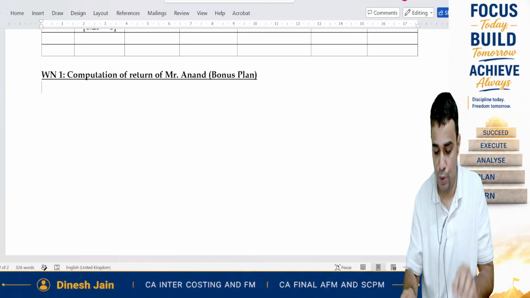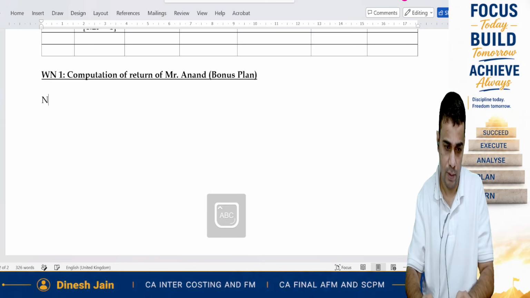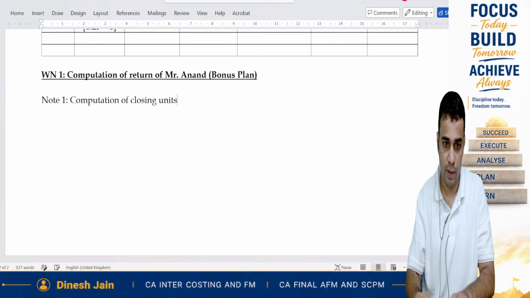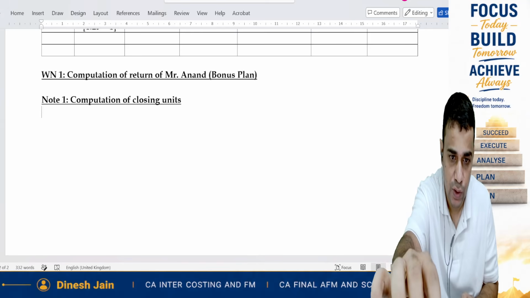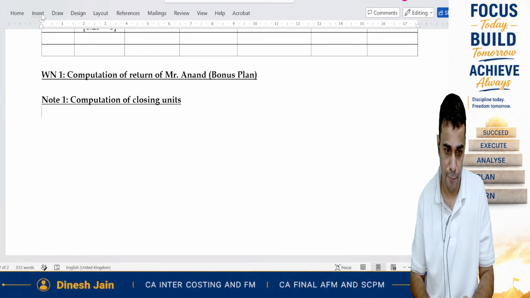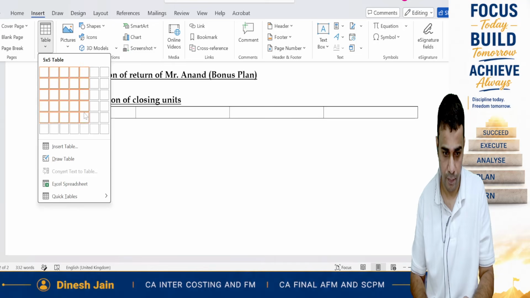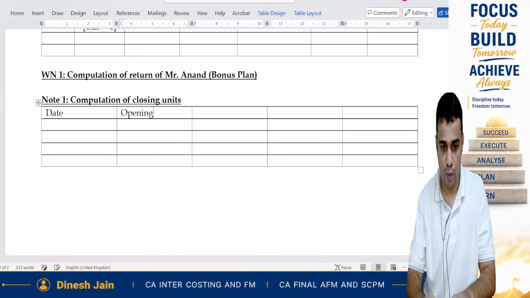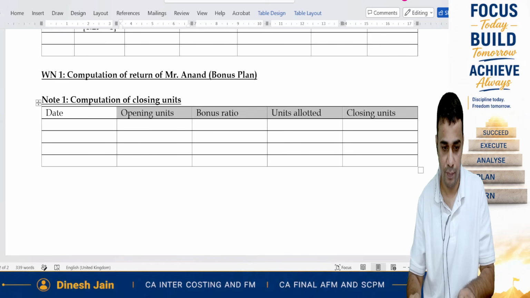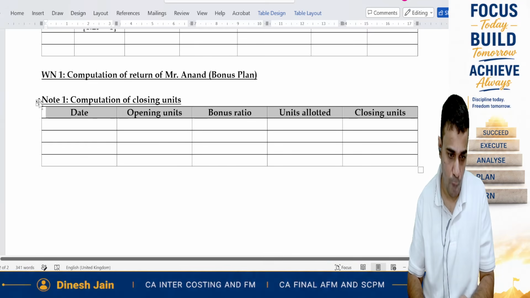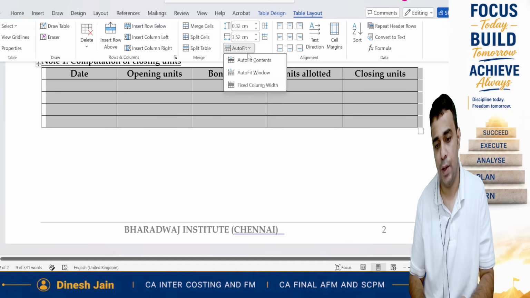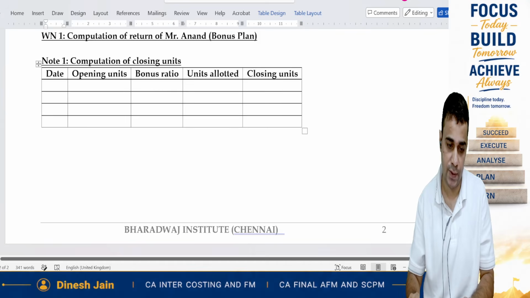Note 1, computation of closing units. Columns: opening units, bonus ratio, extra units allotted, closing units.